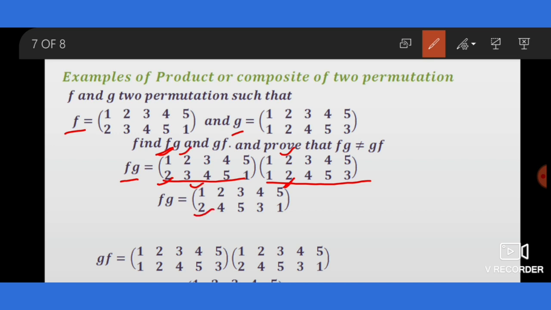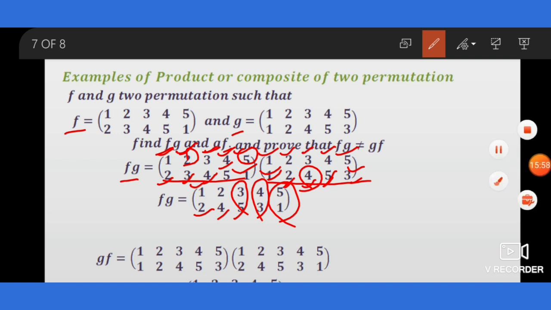Similarly, 2 is replaced by 3 and 3 is replaced by 4, then 2 is replaced by 4. Similarly, 3 is replaced by 4 and 4 is replaced by 5, then 3 is replaced by 5. Similarly, 4 is replaced by 5 and 5 is replaced by 3, so 4 is replaced by 3. Again, 5 is replaced by 1 and 1 is replaced by 1, then 5 is replaced by 1.